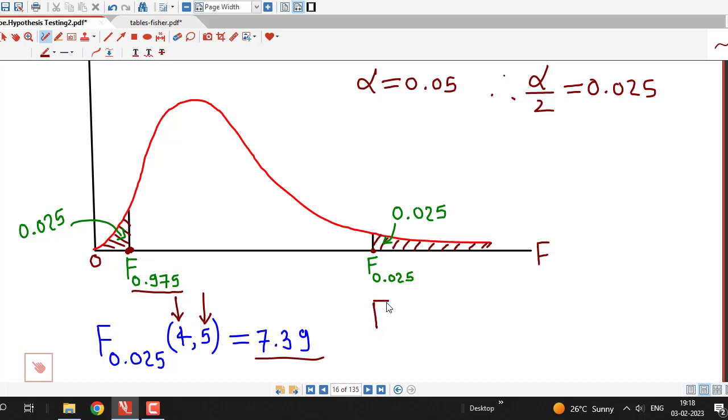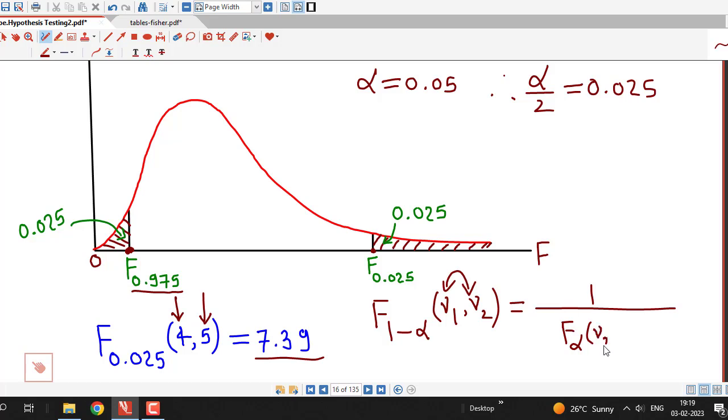So for that we can use this property: F suffix 1 minus alpha with nu1 and nu2 degrees of freedom can be obtained by taking the reciprocal of F suffix alpha by interchanging these 2 degrees of freedom, nu2 comma nu1.